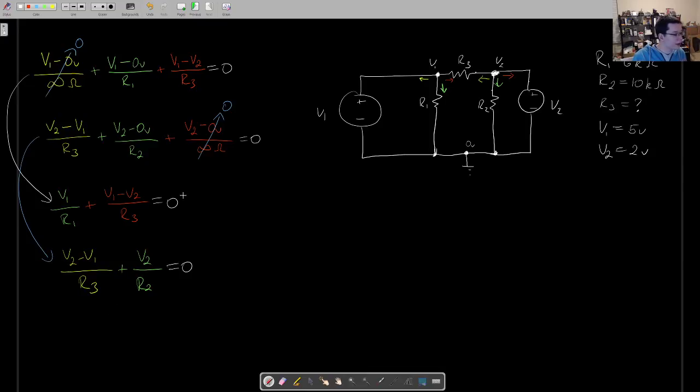So now we got to rearrange our equations.